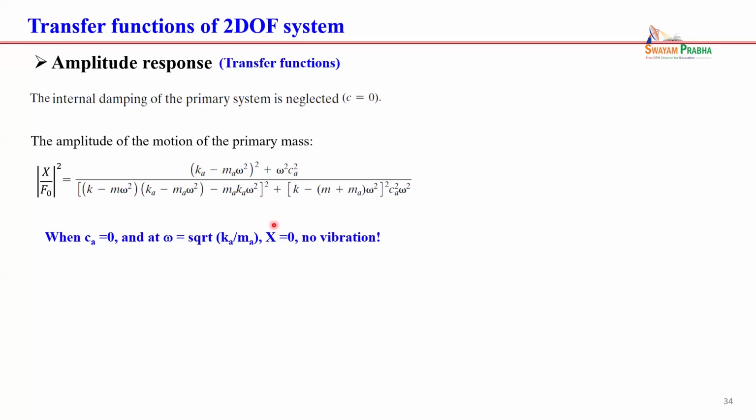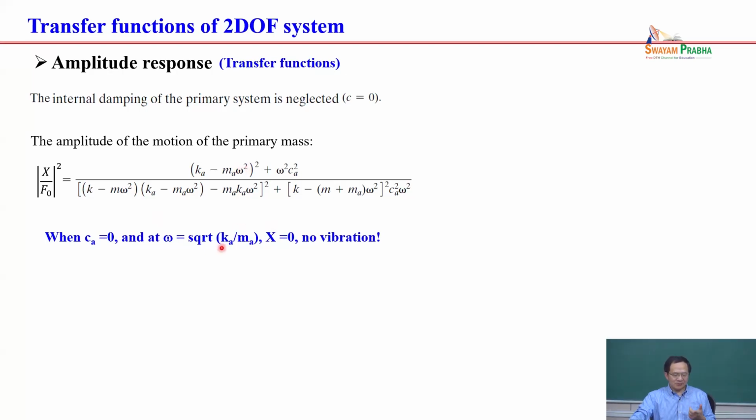So let us see one special case. One special case: the absorber damping is 0, right? If absorber damping is 0, and the excitation frequency is the same as the absorber's natural frequency, the X amplitude will be 0.